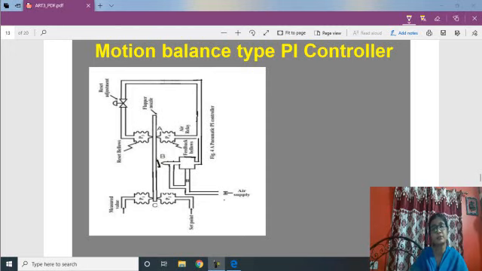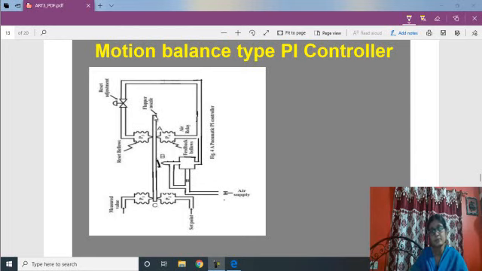Motion balance type controllers are based on the principle of movement of a motion beam, as shown here. This is the motion beam, and its movement behaves like a flapper unit towards the nozzle.